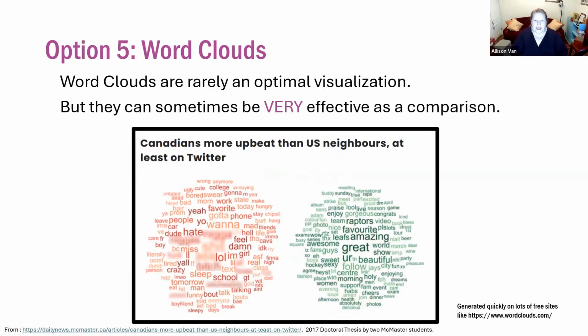Okay. Option 5, word clouds. So word clouds are generally not a favorite of those of us who do a lot of data visualization because, and you'll hear this theme over and over again, your job as a researcher is not just to give out data and information, it's actually to do the analysis and the interpretation. And so when you just do a giant word cloud, you're asking the audience to take something from it.